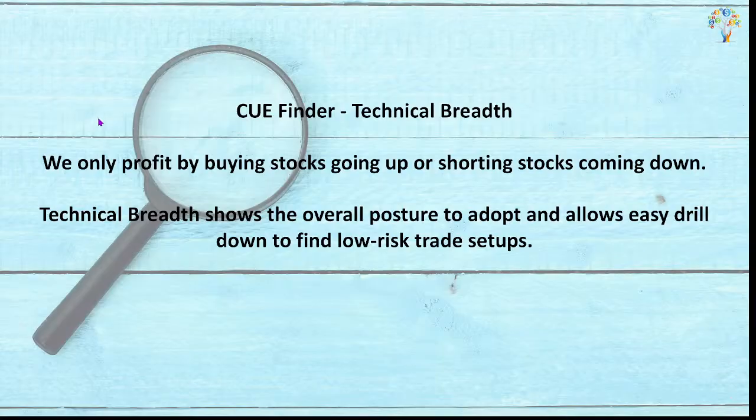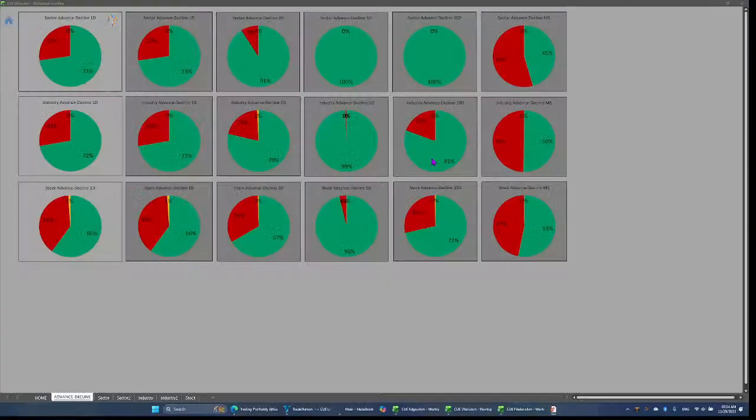Technical breadth shows the overall posture to adopt and allows easy drill down to find low risk trade setups. Remember last week Q Finder daily breadth charts were one essential component for me to decide to share only bullish ideas, and we'll see what it is telling this week.